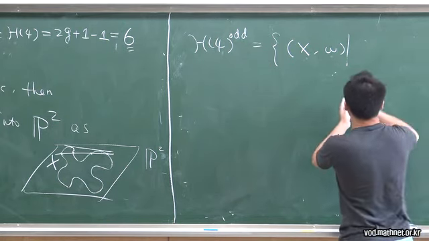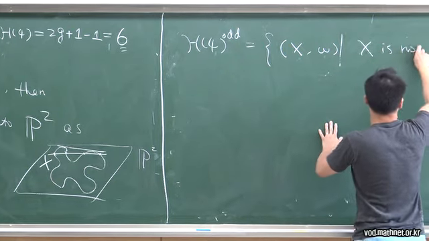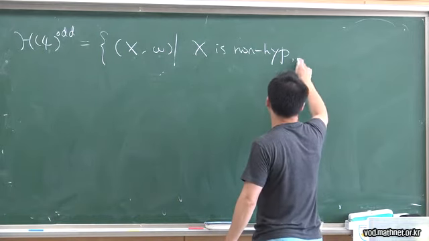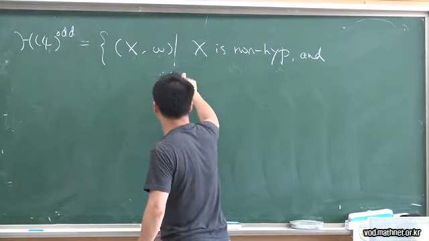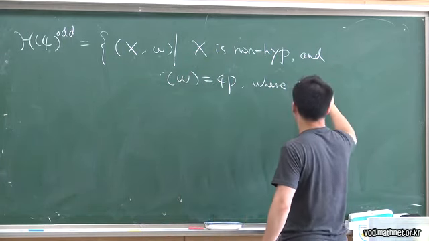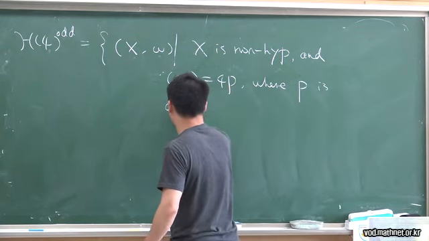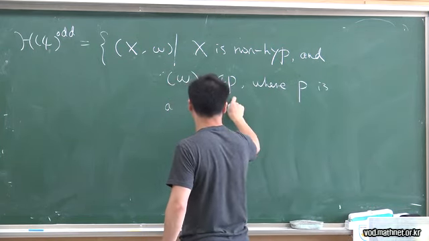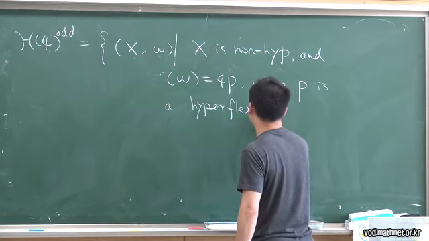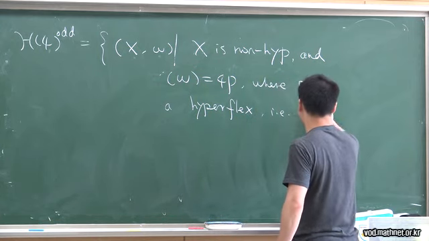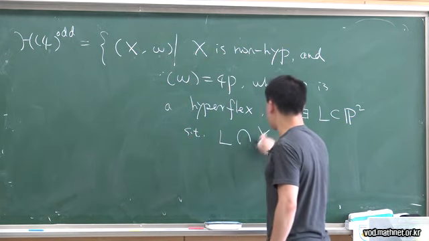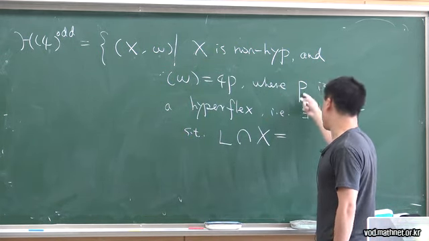So X is first of all non-hyperelliptic, so I can switch to the canonical model, and the divisor of omega equals 4P, where P is a so-called hyperflex of X. That is, there exists a line inside P2 such that L intersected with the canonical embedding of X is really 4 times P.